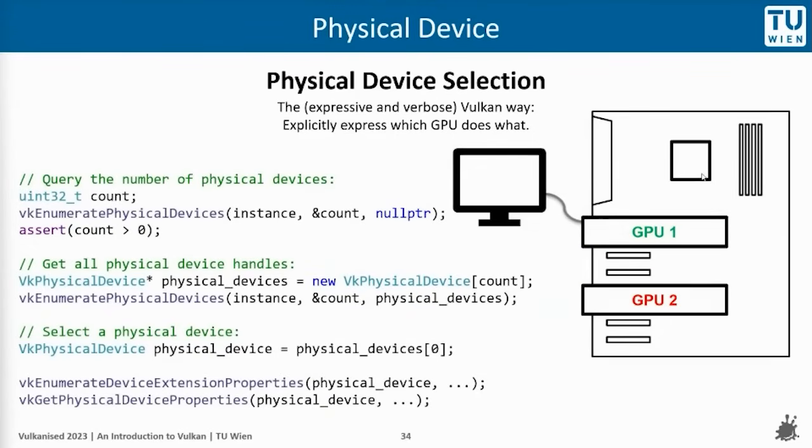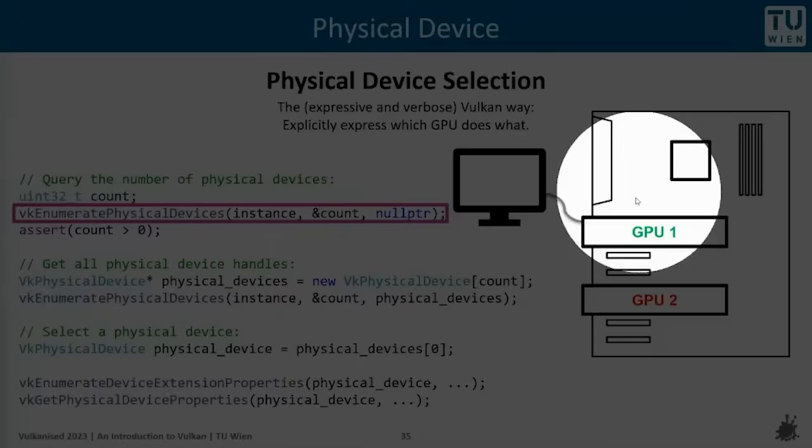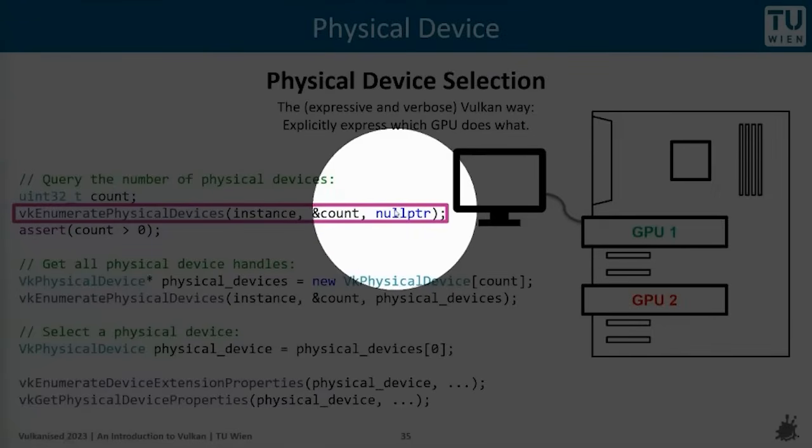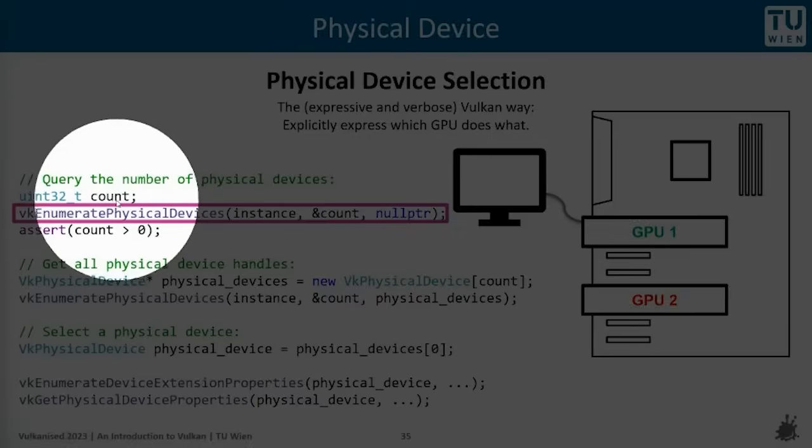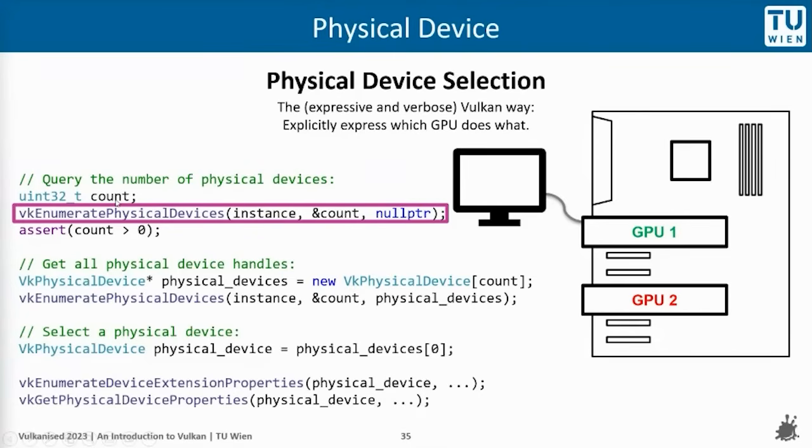So how do we get hold of a physical device? In this case, it works through vkEnumeratePhysicalDevices. So it's not create physical device, but it's enumerate physical devices. And here we see another common pattern of the Vulkan API, which is we need two calls to the same function sometimes. The first call of vkEnumeratePhysicalDevices takes a null pointer as the last parameter, which means it assigns the count: how many physical devices are there?